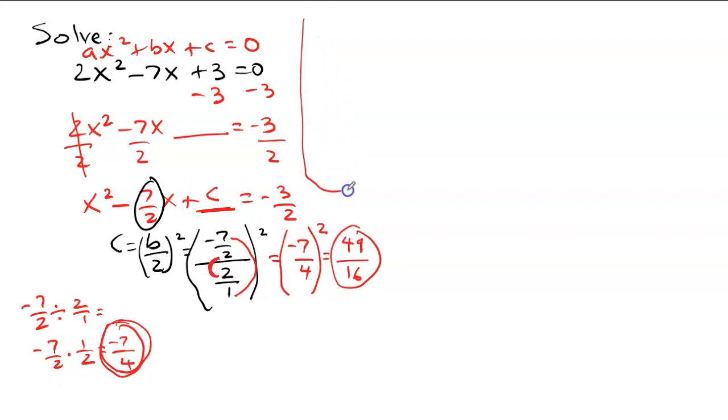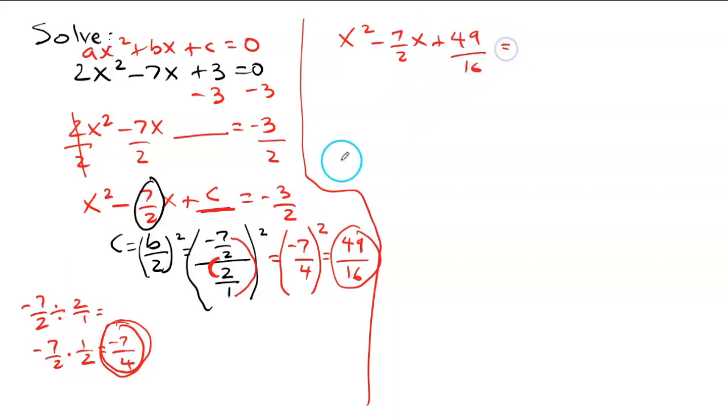So let's write that down. x squared minus 7 over 2x plus c, which is 49 over 16, equals, I had a negative 3 over 2. Whatever I do to one side, the 49 over 16, I have to add to the other side.